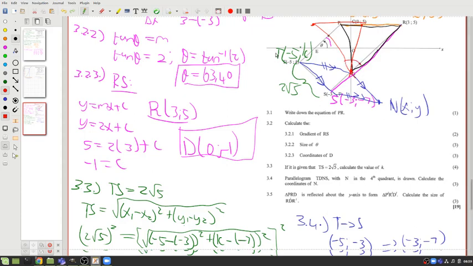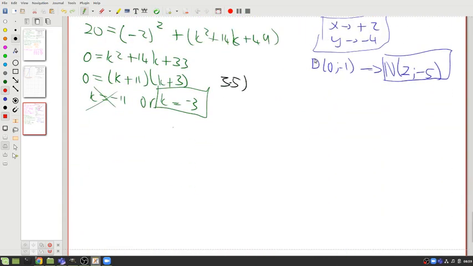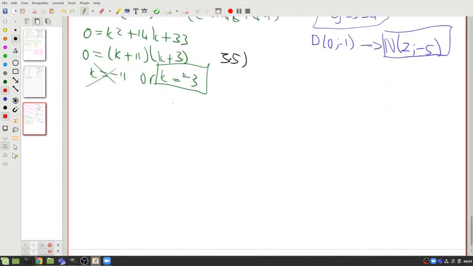Now, there's a couple of methods. I would say we already know, let me just draw this triangle again for us. Okay, this triangle.